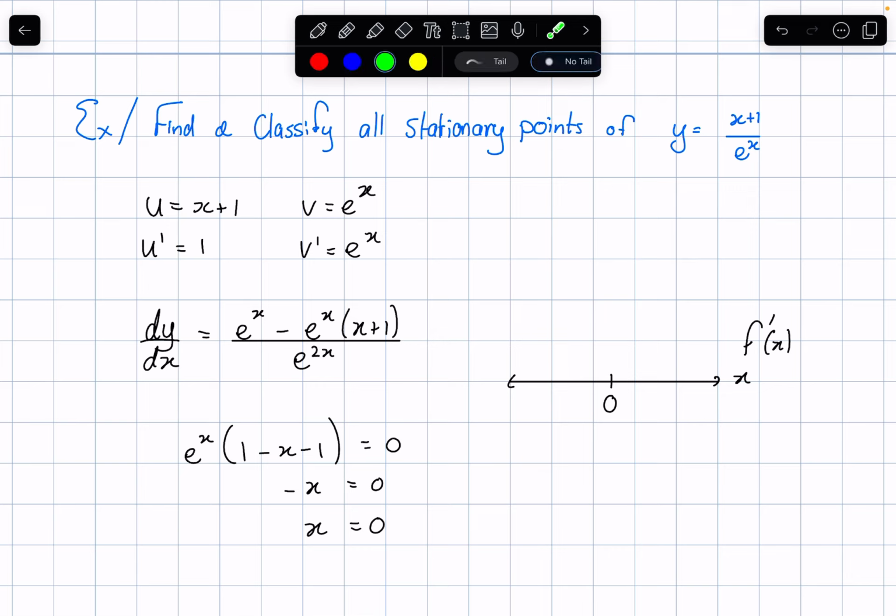Now let's choose a number less than 0 and a number greater than 0. So negative 1 and 1 are fantastic options. Now, if I'm putting that into this function here, negative 1, I'll do it along with you, so nice and hopefully quickly. I've got e to the power of negative 1 minus e to the negative 1 times 0.